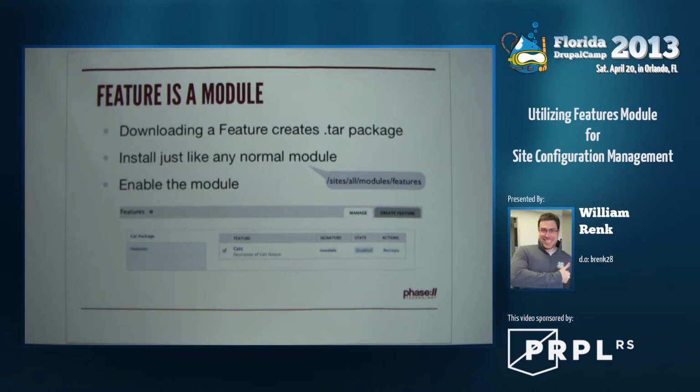If I could ask, what I would normally have done, if I understand what you're talking about correctly, is use Backup and Migrate, select the different elements that I want to back up, and then import it into the staging or the production side.